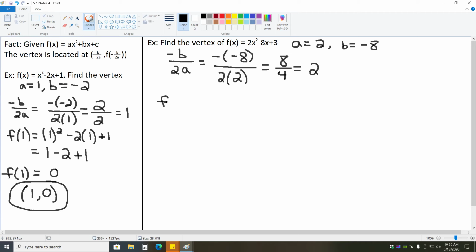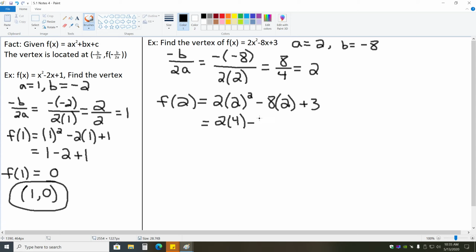And now we need to find f of 2 to find the y value. So we get 2 times 2 squared minus 8 times 2 plus 3. 2 times 2 squared gives us 2 times 4.